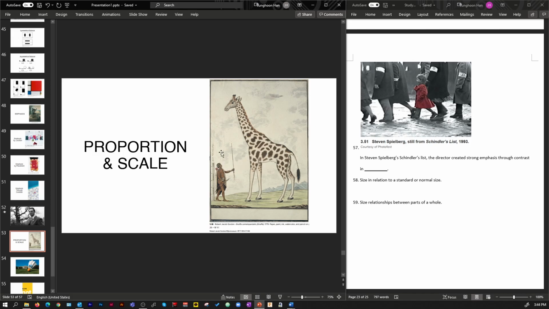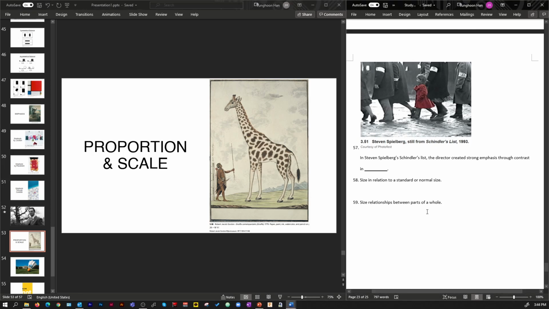Because back then the people in Europe had never seen a giraffe before. They didn't have a zoo or anything like that. So he had to create this kind of illustration just to tell people, hey, there's a weird looking animal in Africa and it's really tall. So he used the measuring stick, which is the human figure, just to show the scale of the animal here.